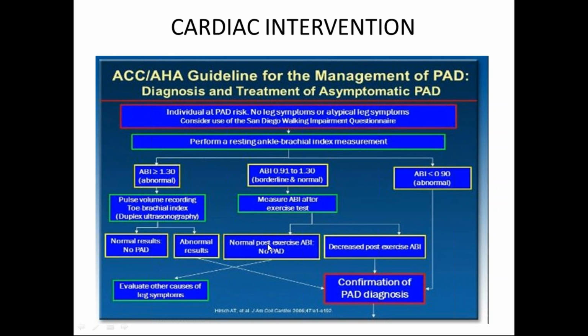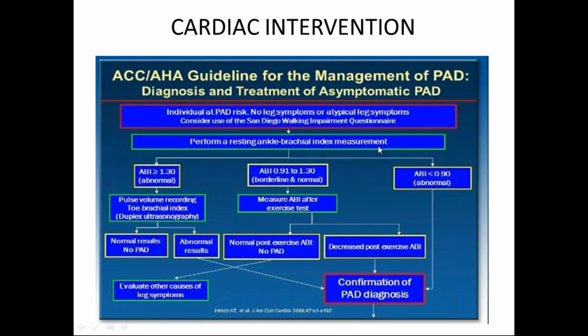All right, again, for these borderline patients with resting ABI between 0.9 and 1.3, you exercise them on the treadmill and do the ABI after the exercise. If it's abnormal, if you have decreased post exercise ABI, then they do have PAD. You confirm the diagnosis of PAD.